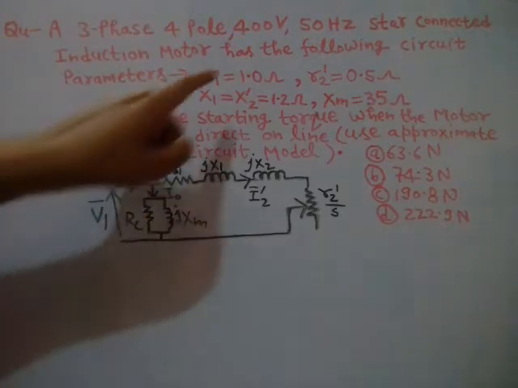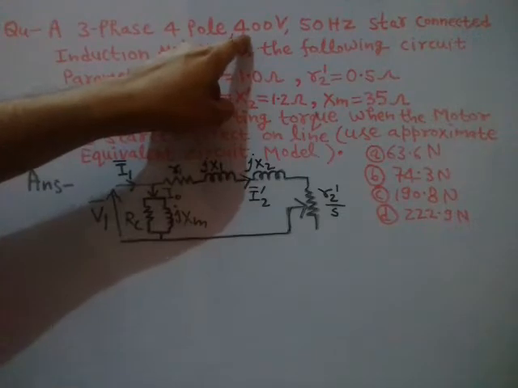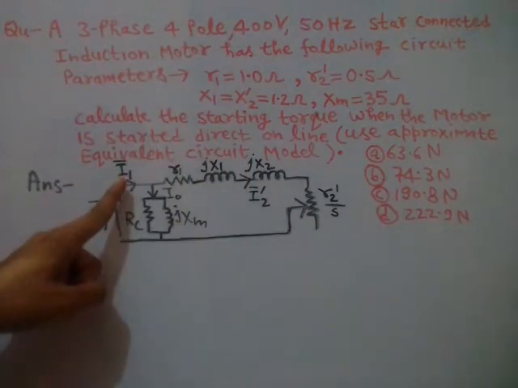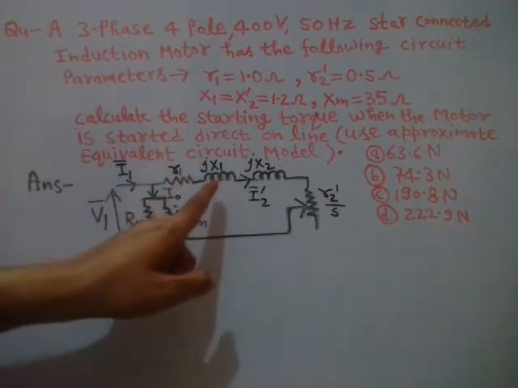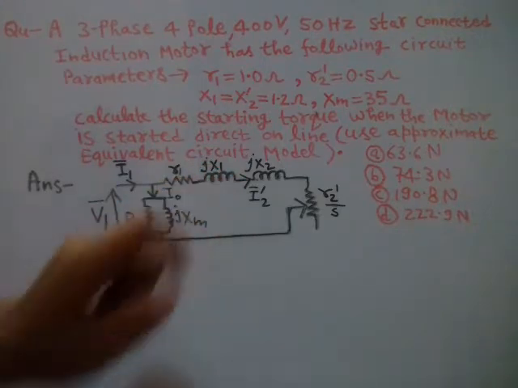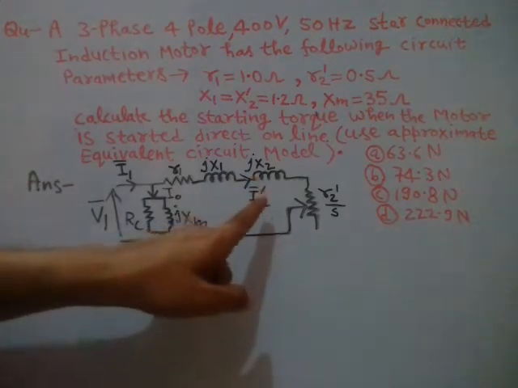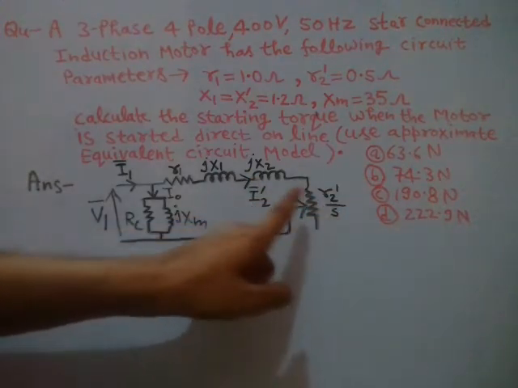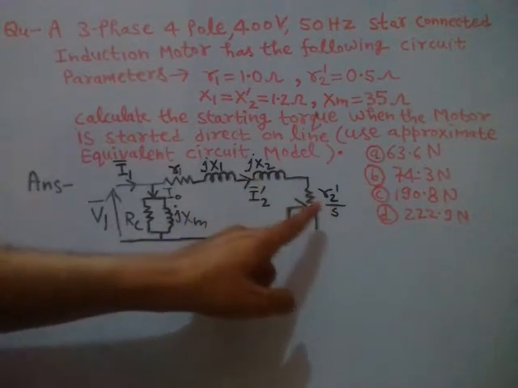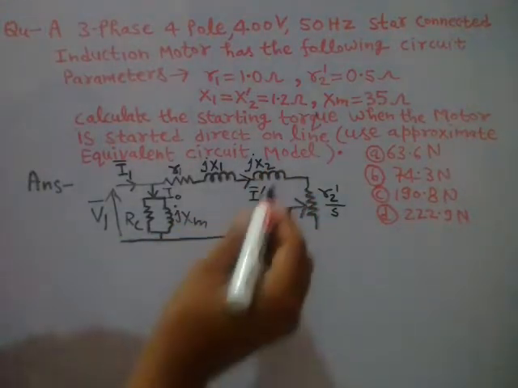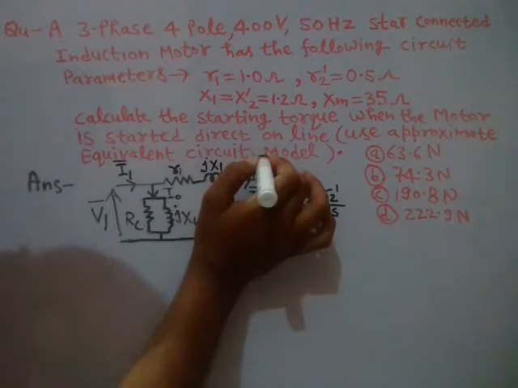It is given as 400 volt. I1 is the stator winding current. R1 and jX1, they are the stator winding parameters. Similarly, R2 dash by S and jX2 dash, they are basically rotor winding parameters, right?